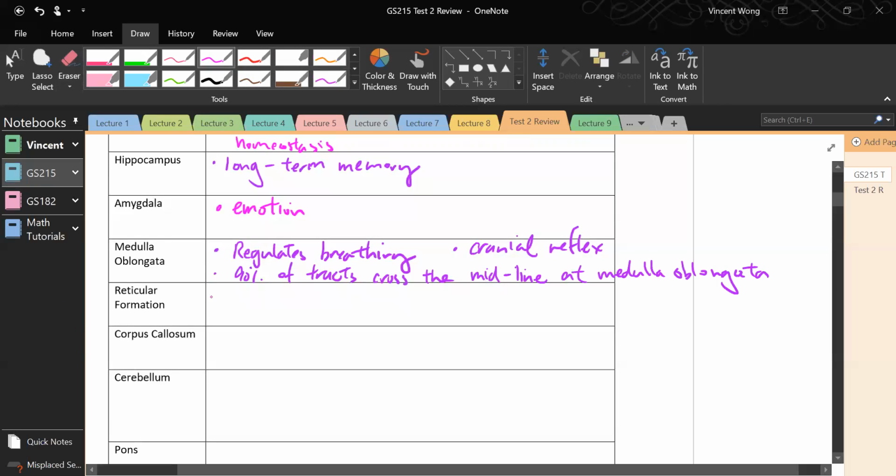Reticular formation. This is a web of gray matter that runs through the midbrain. And the function of the reticular formation is to maintain consciousness.